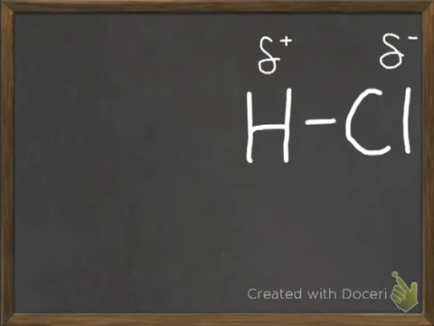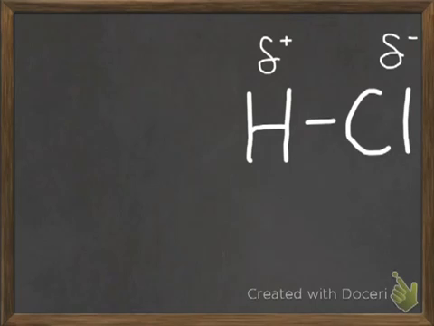So let's look at hydrogen and chlorine again. Those little symbols up above the H and the Cl just mean partial positive and partial negative charge. We've already done the difference in electronegativities for hydrogen and chlorine previously in the video, and that difference was 3 minus 2.1, so 0.9. That means that chlorine is a more electronegative atom, and it's going to want to pull electrons towards it.